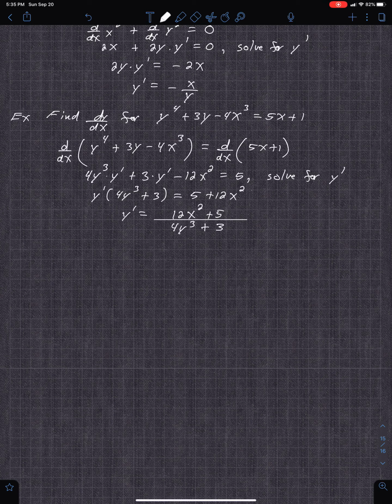Okay, let's see. Here's the next thing we may want to look at. We'll use the same polynomial. We'll use the same one as this. And now we can maybe say find the slope at a point. So we already have its derivative then. So let's take a look at that.